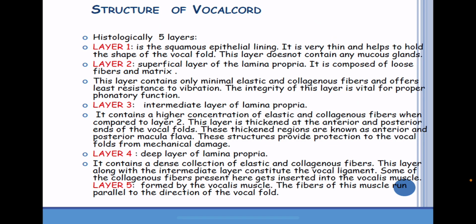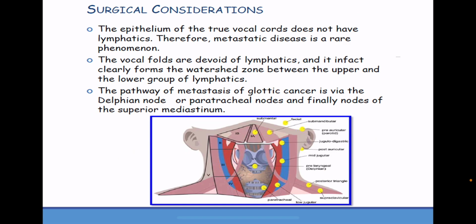Structure of the vocal cord: there are histologically five layers in here, and we have a surgical consideration. The epithelium of a true vocal cord does not have lymphatics. Therefore, metastatic disease is a rare phenomenon.